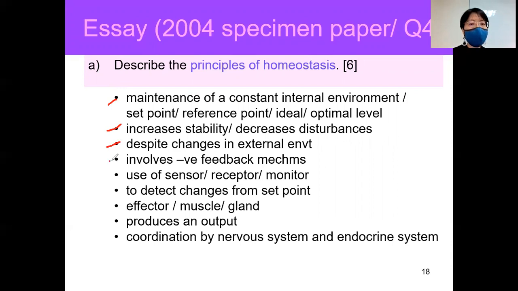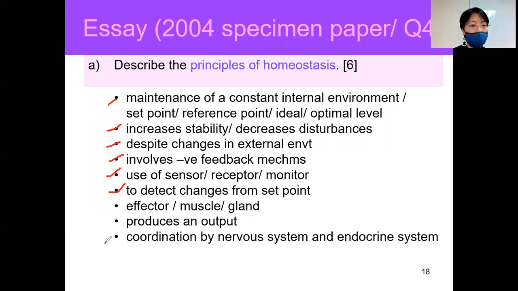It involves negative feedback mechanism. First, it will need to use the receptor to detect the changes from the norm or from the set point. Okay, so to detect the stimulus. Changes from set point means stimulus, right? Then there's a transmission.